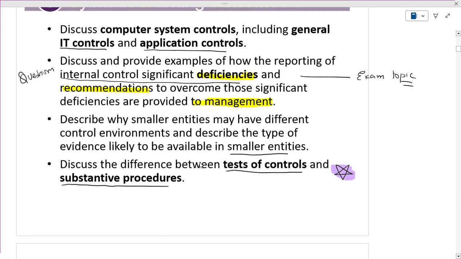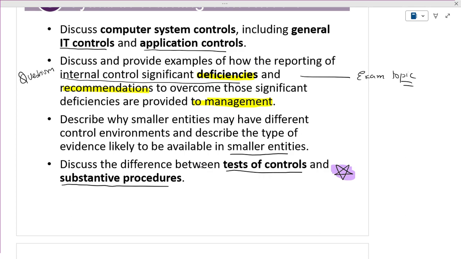This will be covered in the next chapter. Yes, the deficiencies and recommendations will be covered in the next chapter. From an examination point of view, it is very, very important.